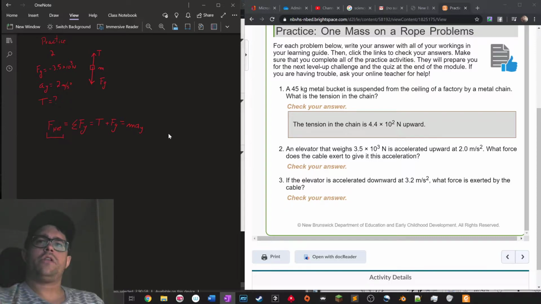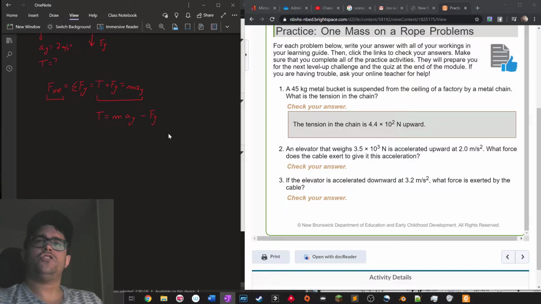So if we go and replace things here, what do we want to know? T. So we can work with this part. T would be equal to MAY minus Fg.